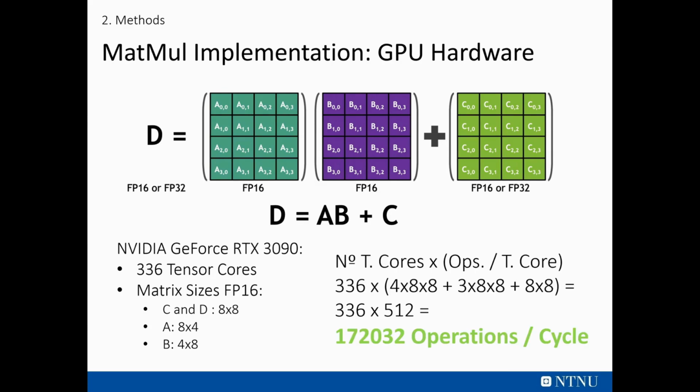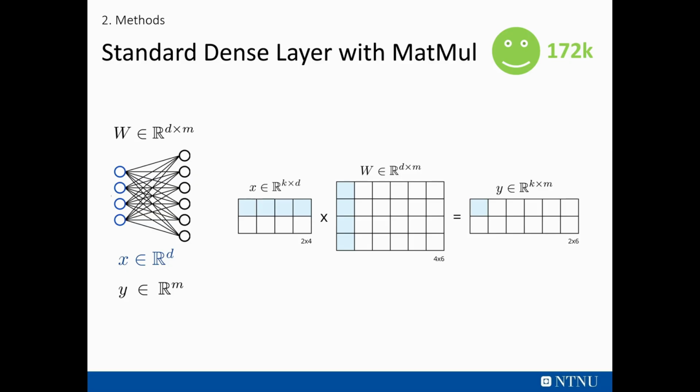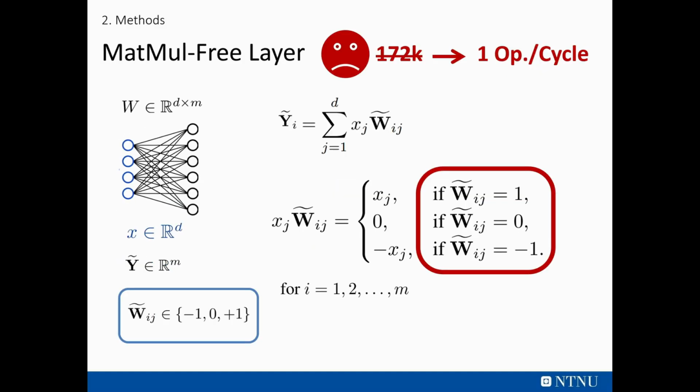So if we do some simple maths and multiply the number of tensor cores times the number of operations involved in this matrix multiplication and addition operation, it means that the GPU is capable of doing 172,000 operations per cycle in the tensor cores. So for the matrix multiplication layers, this is very good and it can be used. However, for the matmul3 model, this is bad news because it cannot be used.